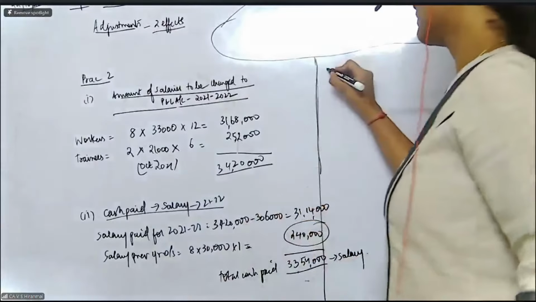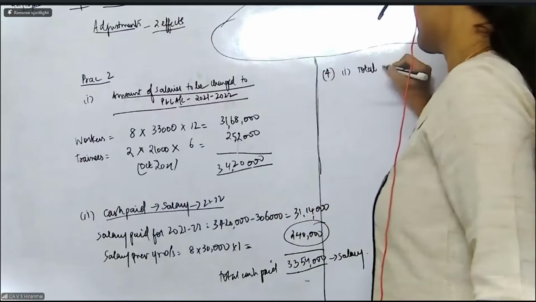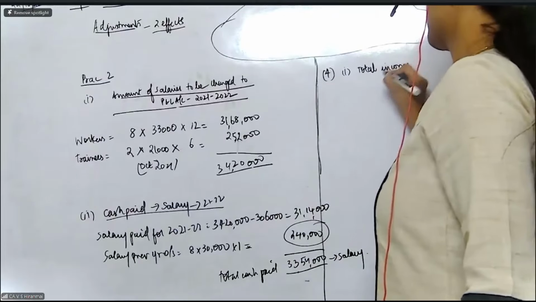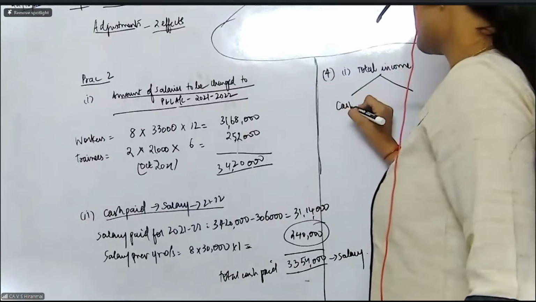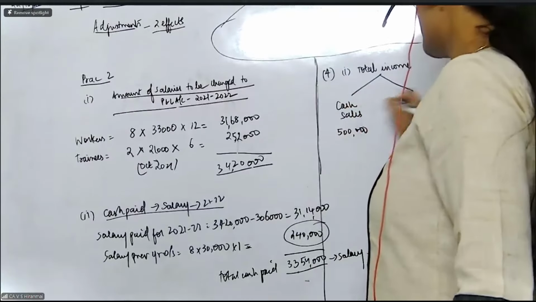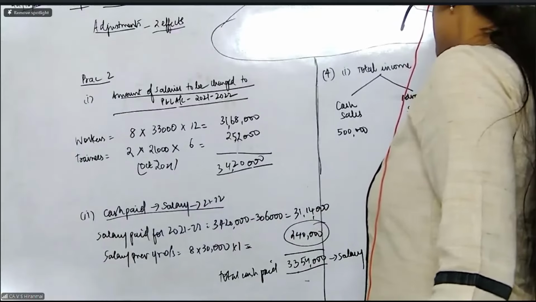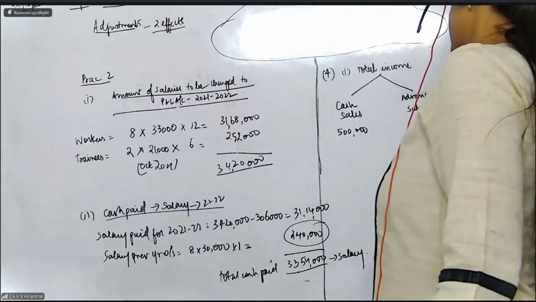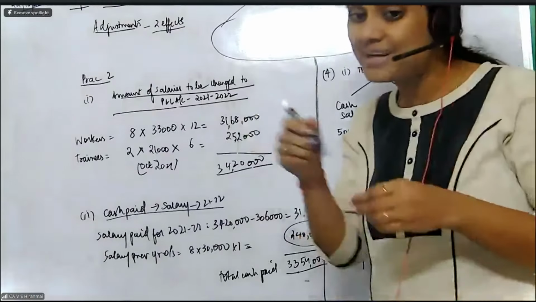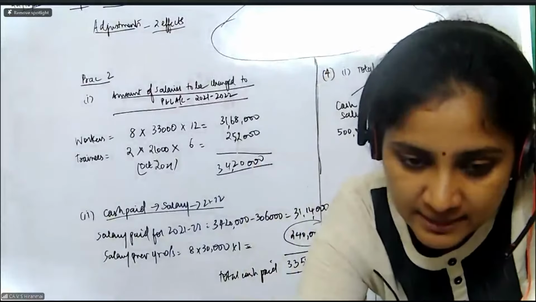So in this kind of question and this kind of business, 2 types of income will be there. For the first practical question, they're asking what is the total income. It will be of 2 types. One is cash sales. In this question cash sales is 5 lakh. The other one will be the advance. Whatever advance subscriptions you are getting, out of that, you should understand what is pertaining to the current period. All of you, please see here.